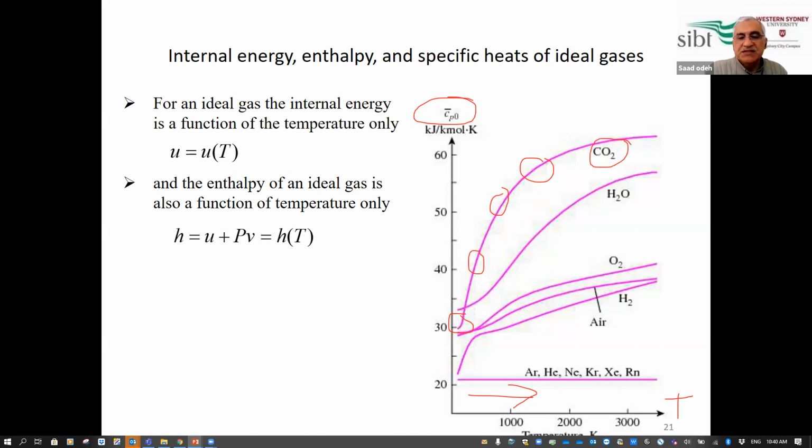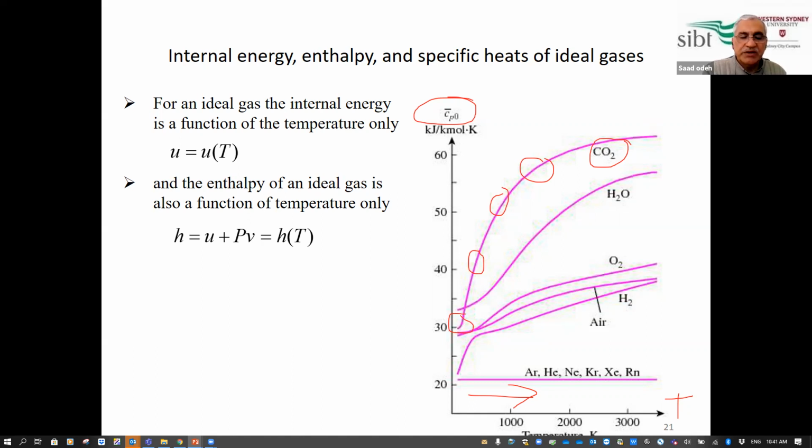But in most of the examples we are dealing with, first of all, we are dealing with air, most of the examples in this course, and we always take air temperature close to the ambient temperature. The difference, delta T, is probably not more than 30 or 40, which would not affect too much the values of Cp and Cv.